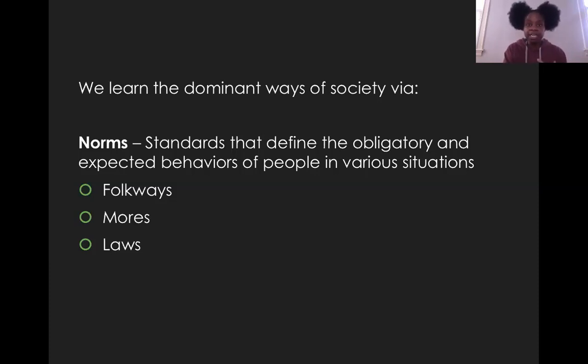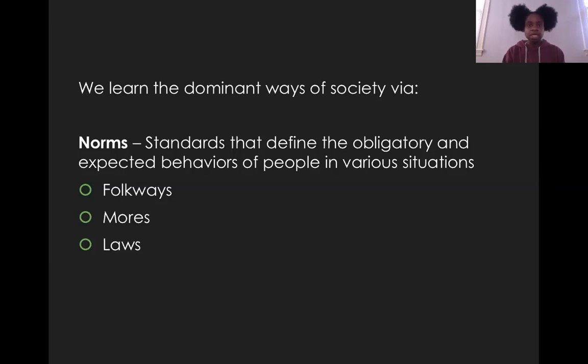We have folkways, mores, and laws. So norms, again, are just the standards that define the expected, the obliged behaviors of people in various situations. Okay, these are expected of you. We have norms that we consider folkways, norms that we consider mores, norms that we consider laws, etc.